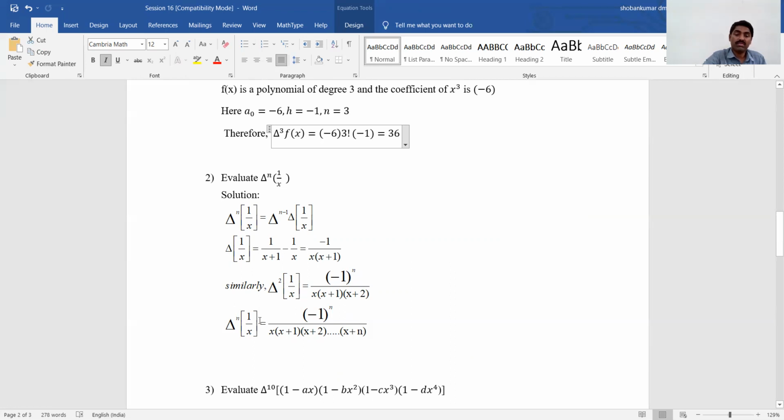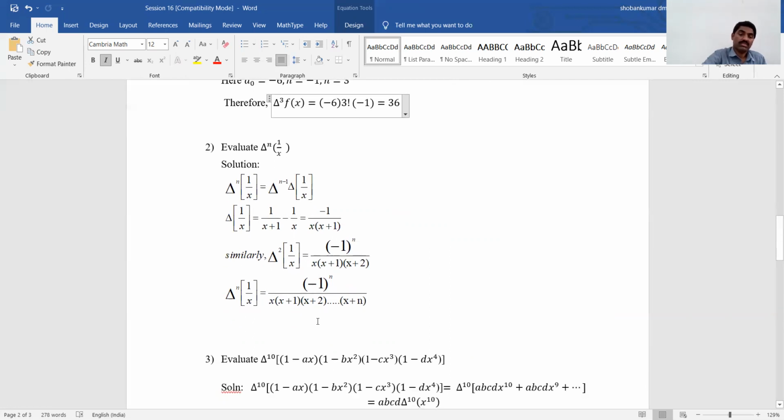Similarly, del n of 1 by x is minus 1 to the power n divided by x into x plus 1 into x plus 2 and so on, up to x plus n. In the nth difference, the sign is minus 1 to the power n.